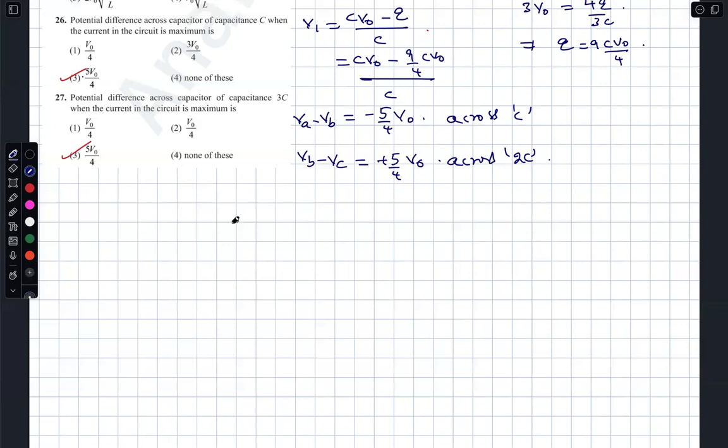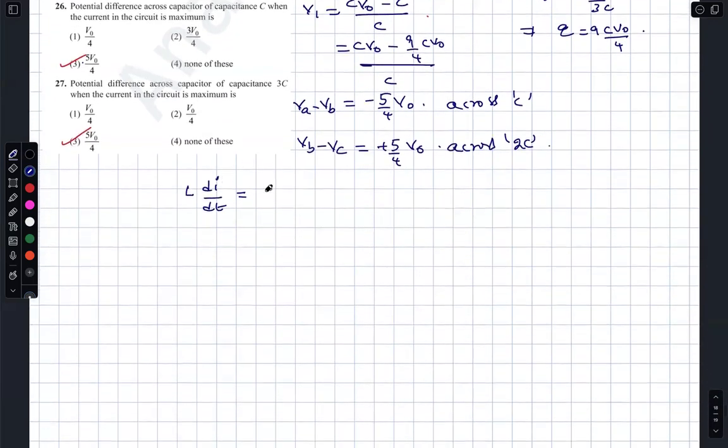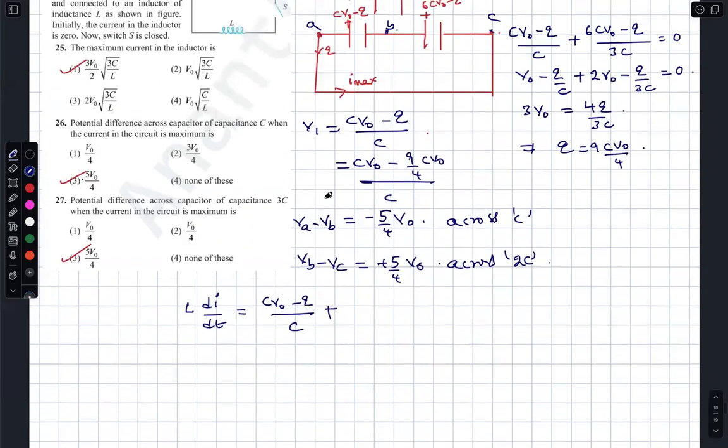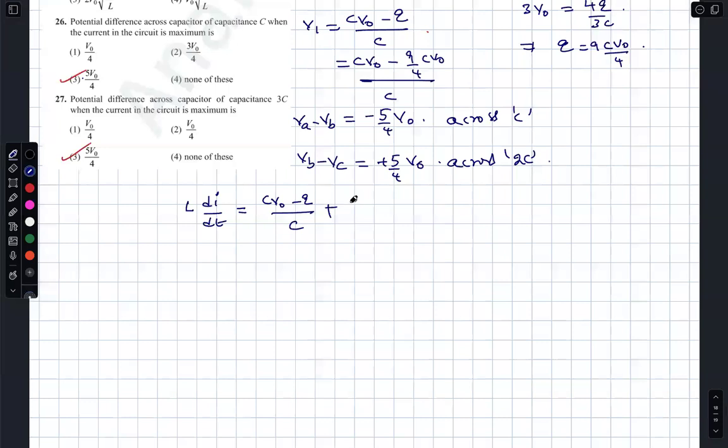I apply Kirchhoff's law: L dI by dt. At any instant, L dI by dt is CV naught minus Q by C plus 6 CV naught minus Q by 3C. What is this going to be? 7V naught minus Q by C minus Q by 3C, that is minus 4Q by 3C.